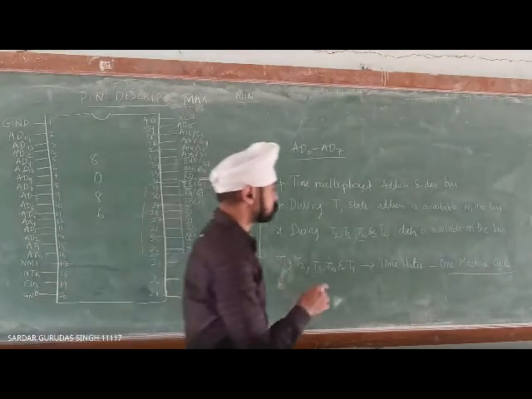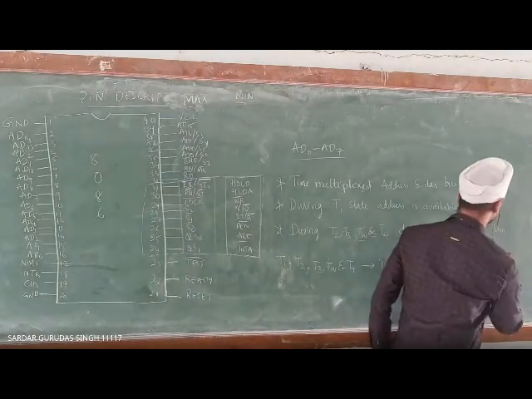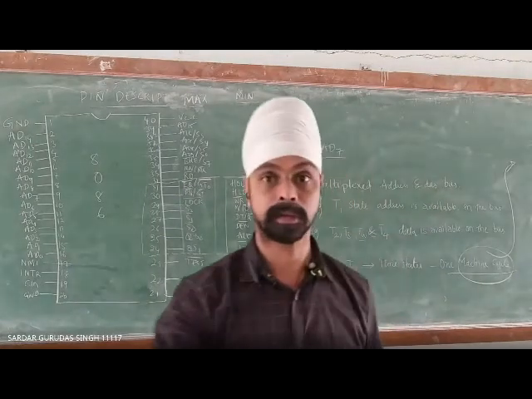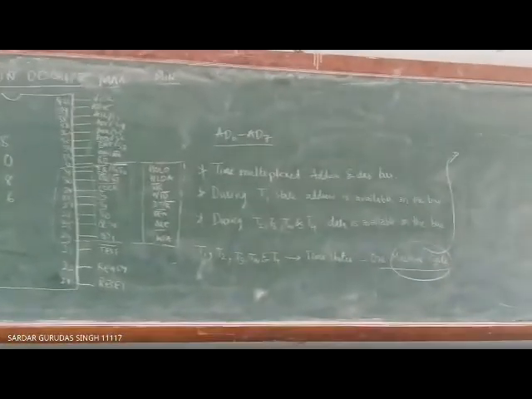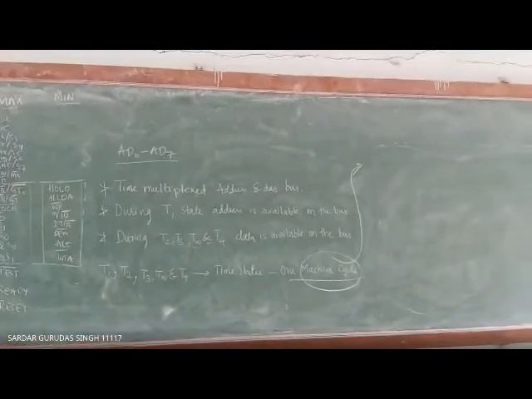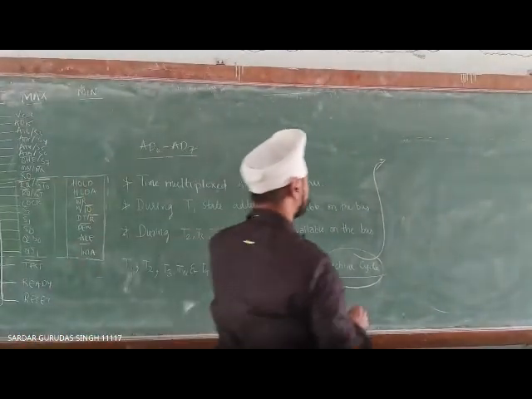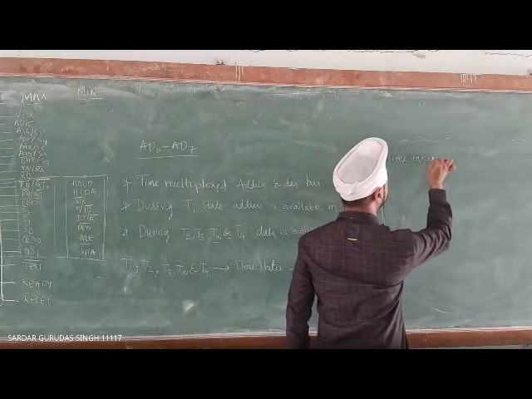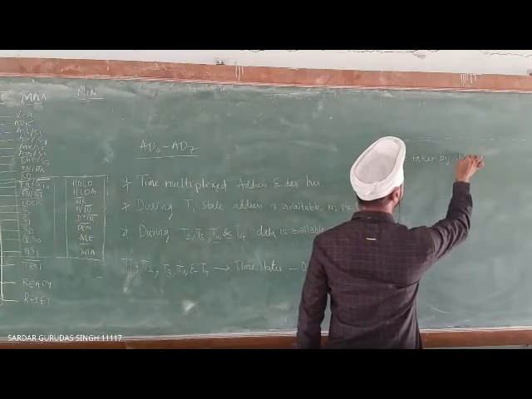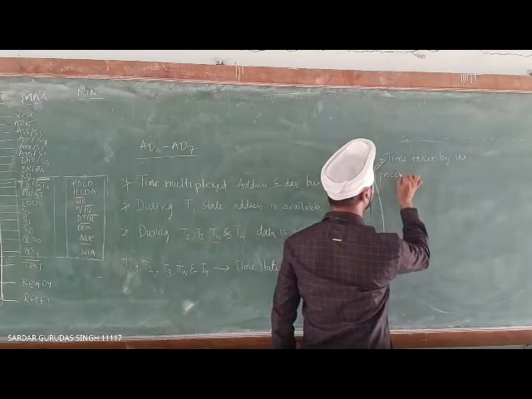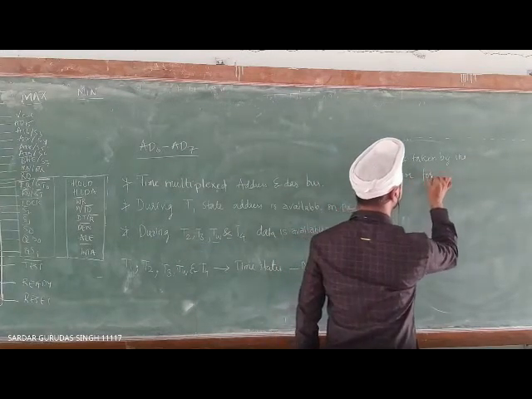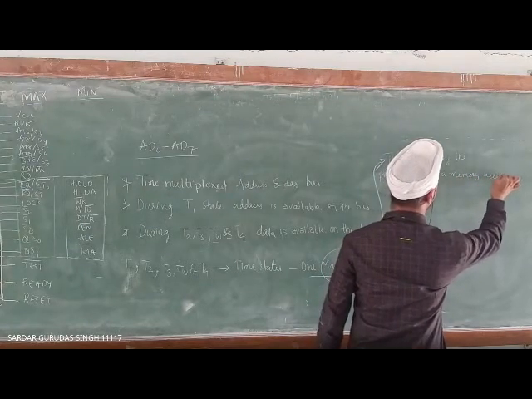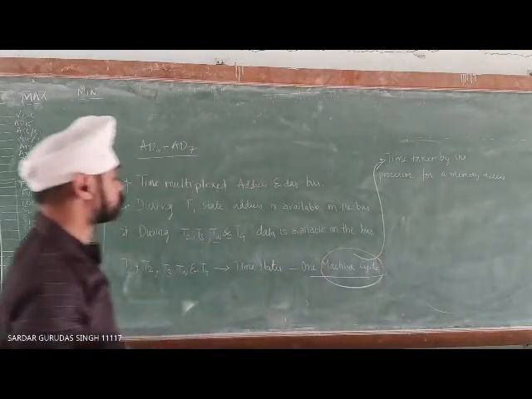What is a machine cycle? Machine cycle is nothing but the time taken by the processor for a memory access or to execute one instruction.